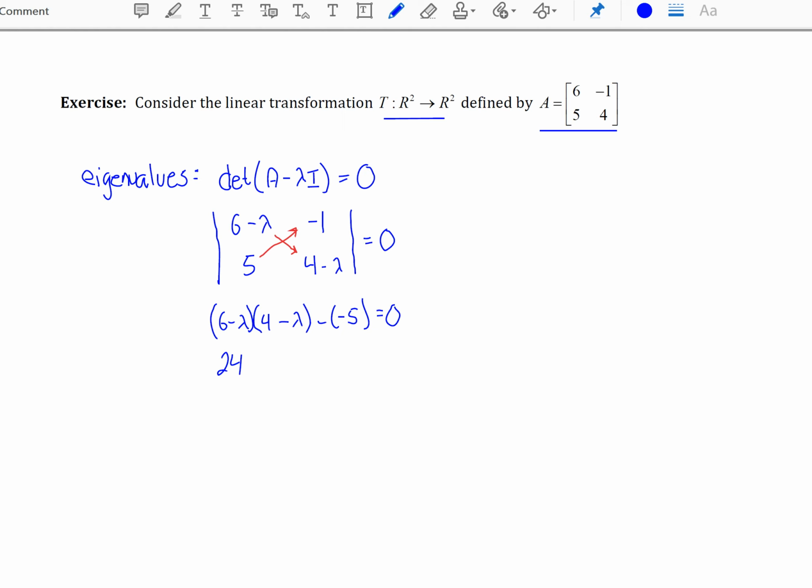This would be minus 6 lambda minus 4 lambda is going to be minus 10 lambda plus lambda squared plus 5 equals 0. And if we combine like terms and rewrite this in descending order, I believe this is going to look like lambda squared minus 10 lambda plus 29 equals 0.